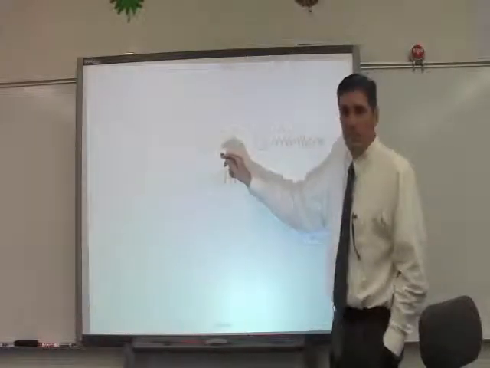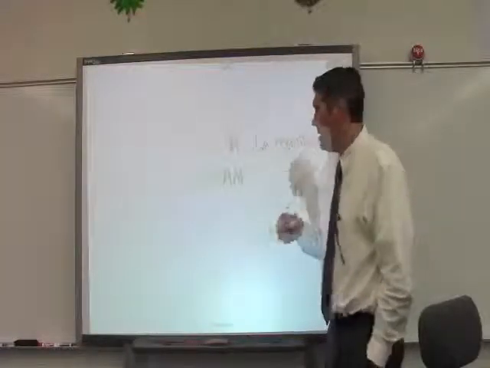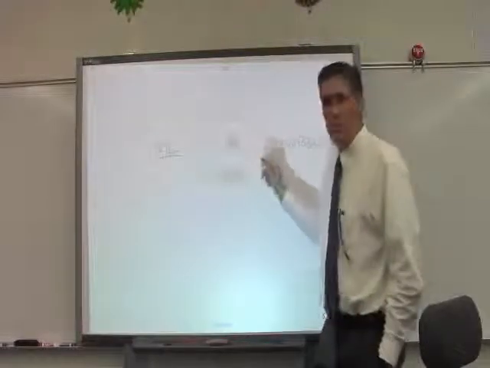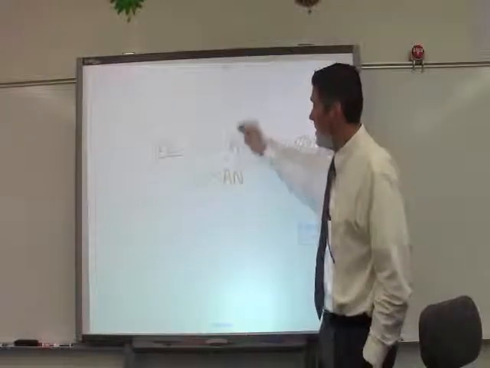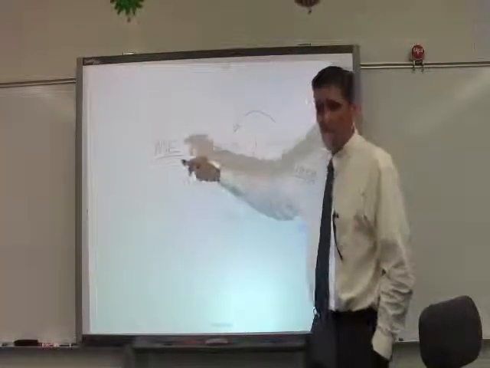La manzana is pleasing. Well, it's pleasing to whom? To her? To him? To me? We'll say it is pleasing to me. Me gusta la manzana. In other words, the manzana is the subject of the sentence. It's conjugating the verb. The apple is pleasing to me.